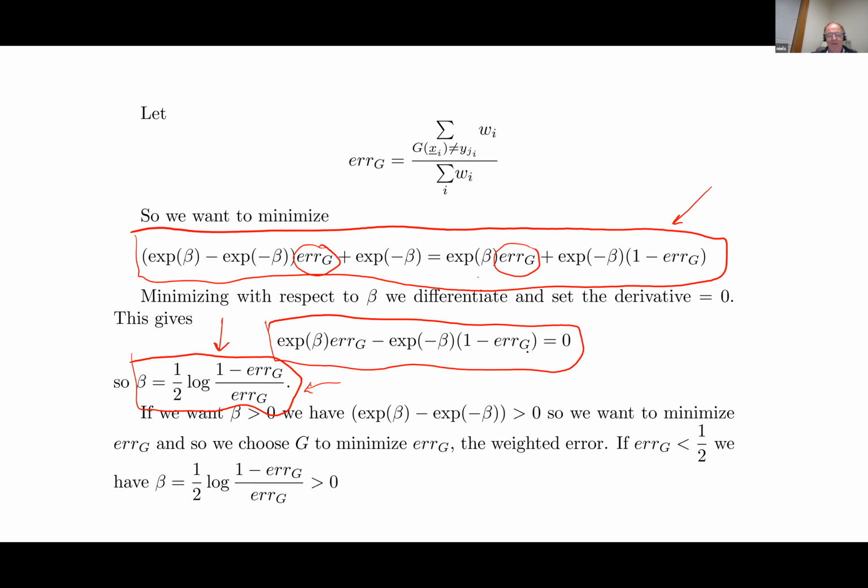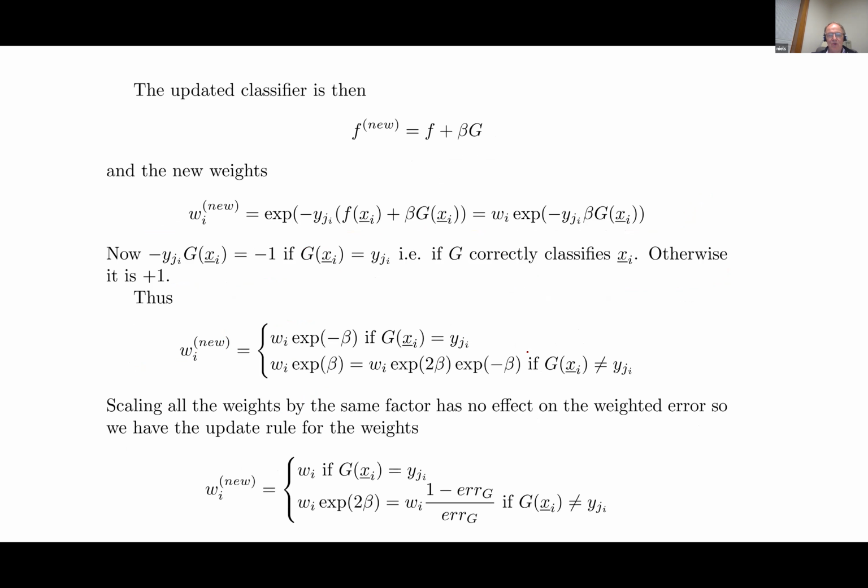So that means we have all the ingredients to extend our classifier. We have the beta, and we choose the tree stump that minimizes the weighted error. That will give us the smallest exponential error function. So the updated classifier is going to be this. We got the beta, and we choose the G to minimize the weighted error.